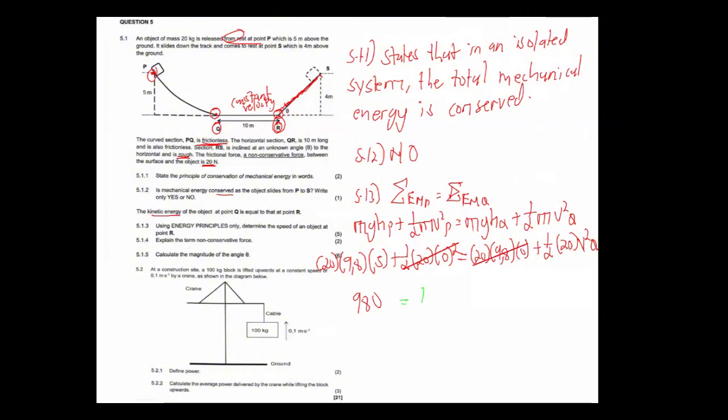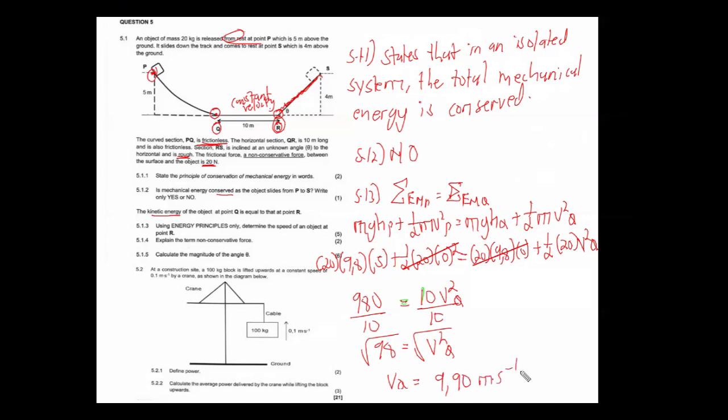So we have, equal to 10 v squared Q, and then divide both sides by 10. This will be 98, and then v squared Q. Then we can take the square root of both sides. Our vQ will become the square root of 98, which will give us 9.90 meters per second, rounded off to 2 decimal places.